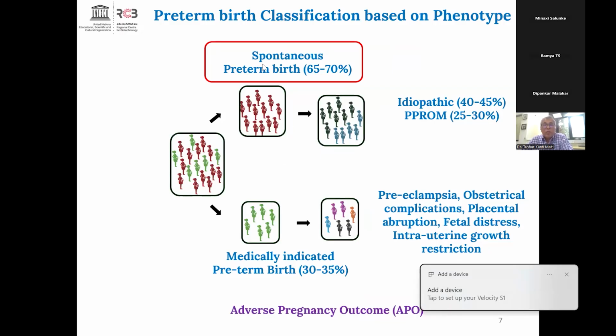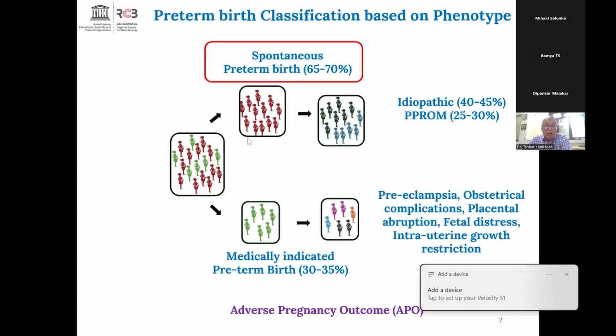That means there is no information about the cause for this particular condition, and the mother subsequently delivers the baby. This kind of preterm birth is largely reported as spontaneous preterm birth. Among these spontaneous preterm births, 40 to 45% are reported as idiopathic preterm birth, and 20 to 30% are reported as premature rupture of the membrane.